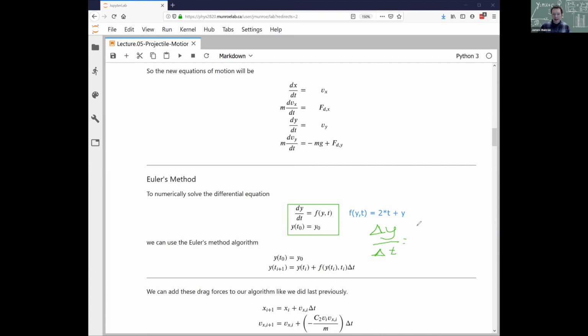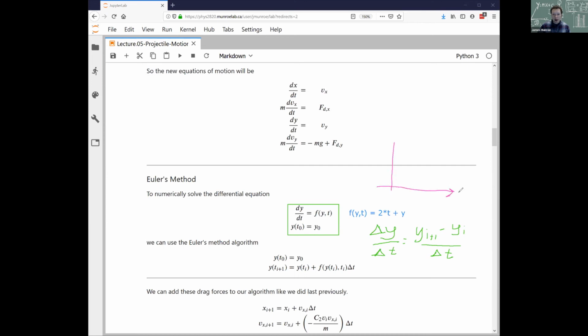And the idea is that's the difference between y i plus 1, as in the next value of y, minus y i, all divided by delta t. What we're imagining going on here, I'll just draw a little graph.